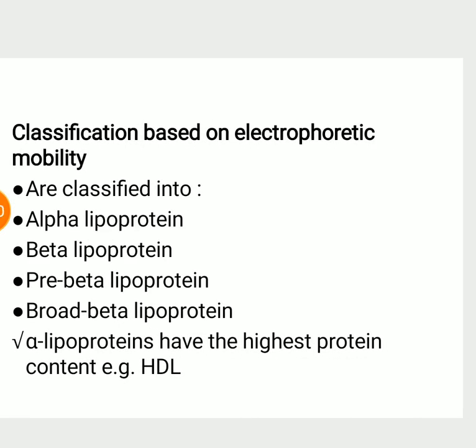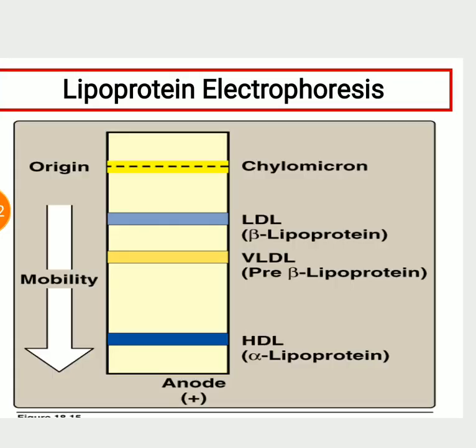When we use electrophoresis to separate them, towards the anode we have the HDL, the heaviest one with the highest density.